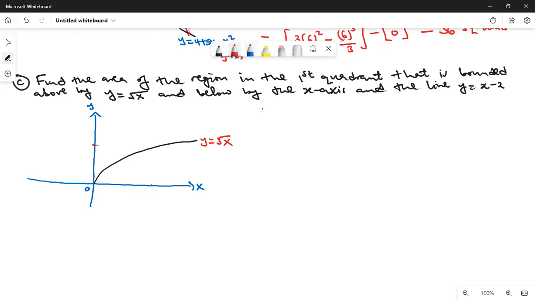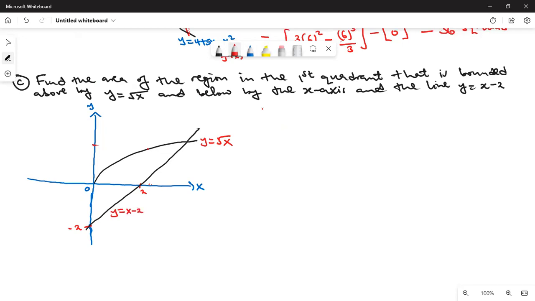Just a correction. So it should be to the negative side. This is negative 2, and this is 2, because the x-intercept is 2. So this is our line. This is y is equals to x minus 2.